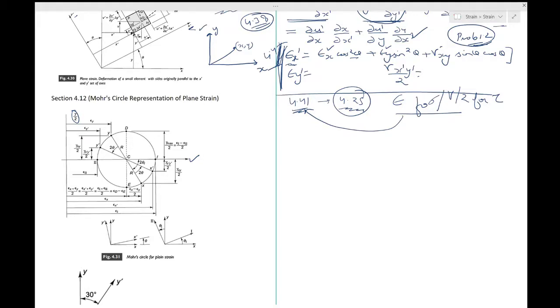So this is very similar to what we have seen before in the previous case. Okay, so the x point will be below, gamma x by 2, for the positive value of shear strain. And similarly, if gamma is negative, the x-axis point is plotted at distance gamma by 2 above. So this would be over here in one of the examples we have seen for stress. Okay, so this x is over here, that would mean the shear strain over here would be negative. So it's the same analysis which we have.